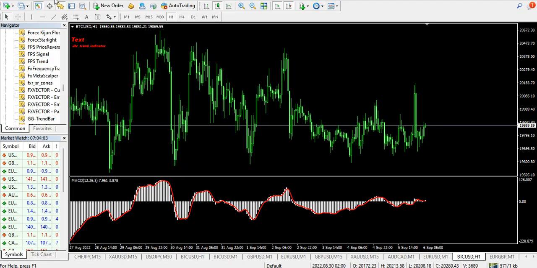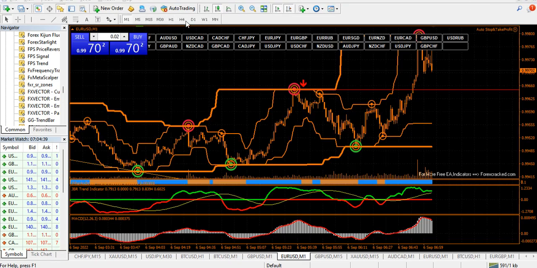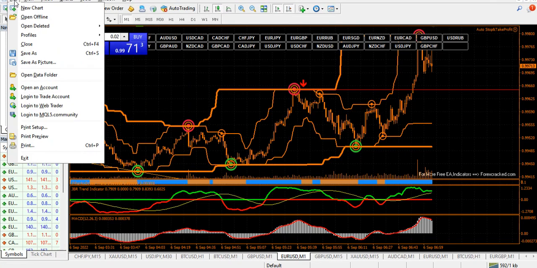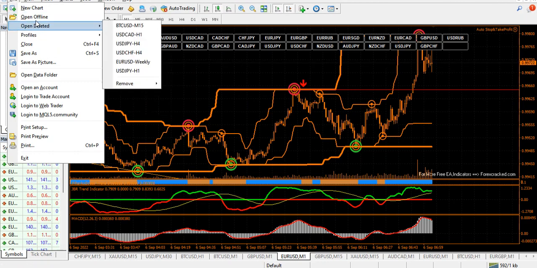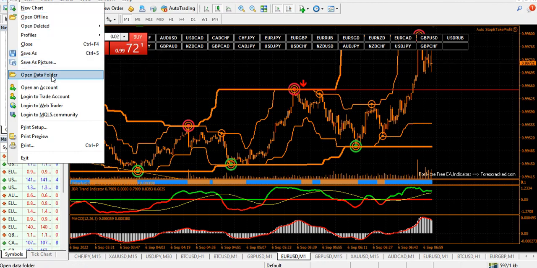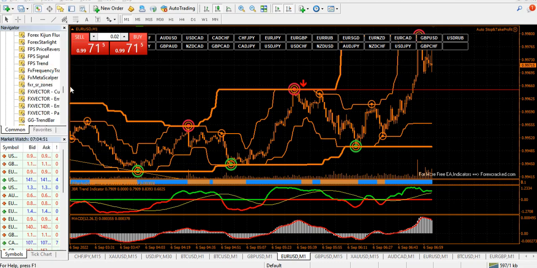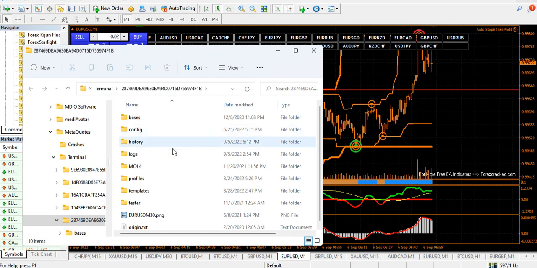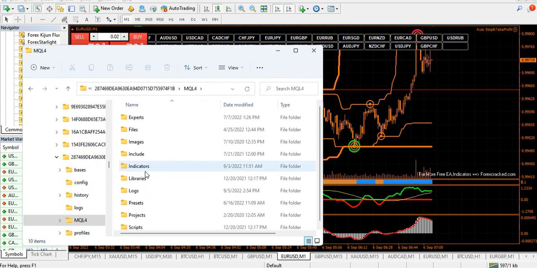We open our MetaTrader. We go to File, and after that open data folder. After that, you will find MQL4 here. We open MQL4, then indicators.